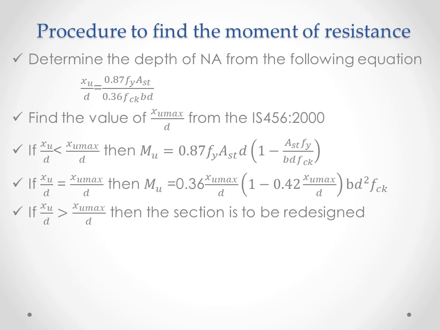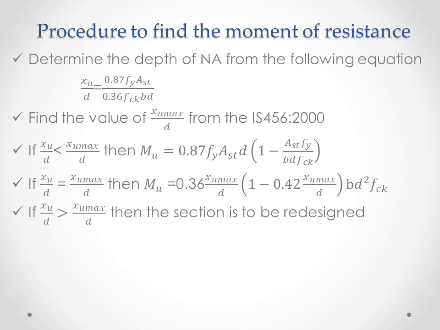Here the moment of resistance Mu is also the value of Mu limit. The formula that we'll be using is 0.36 xu max by d into 1 minus 0.42 xu max by d into b d square fck. And in the over reinforced section, that is when xu by d is greater than xu max by d, the section has to be redesigned, or else the building will collapse without any warning.